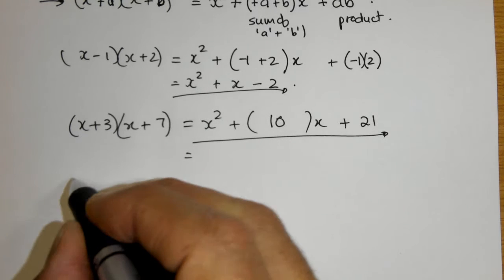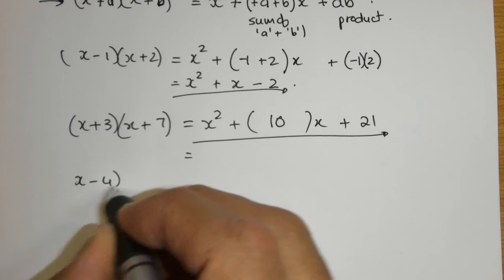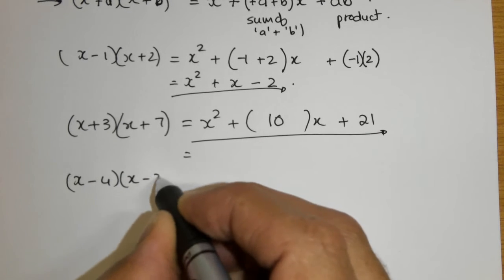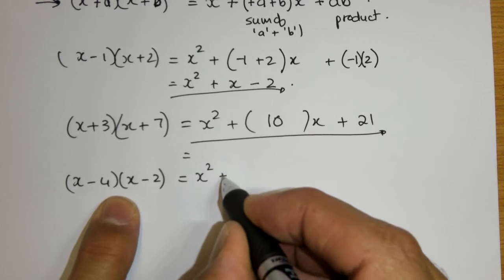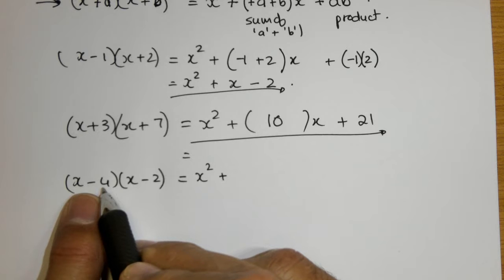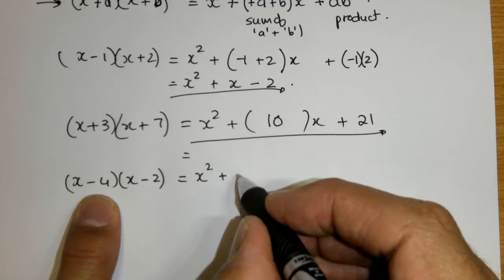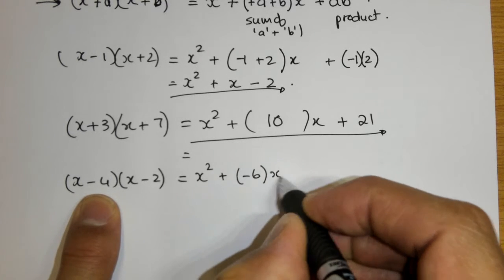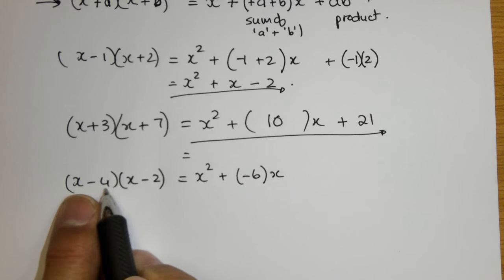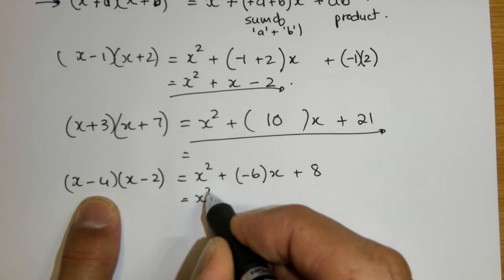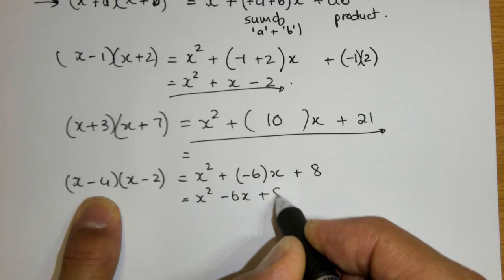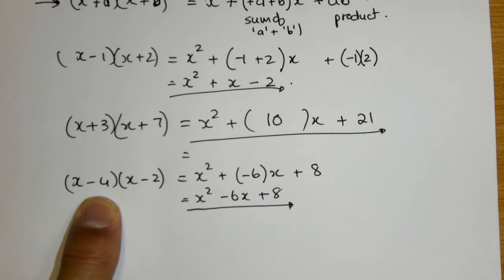We're going to streamline now. x minus 4 times x minus 2. x times x is x squared. The middle term will be minus 4 minus 2 gives minus 6x. Minus 4 multiplied by minus 2 is plus 8. So we get x squared minus 6x plus 8 immediately.